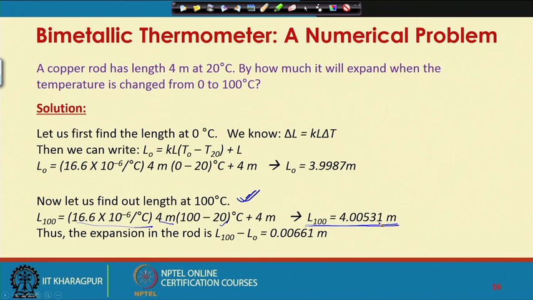So, just take the difference. So, the expansion of the rod will be this. This is a straightforward simple application of this formula. Of course, we need to know the thermal expansion coefficient of the material. Here it is copper rod. So, we will stop our discussion on bimetallic thermometers here.